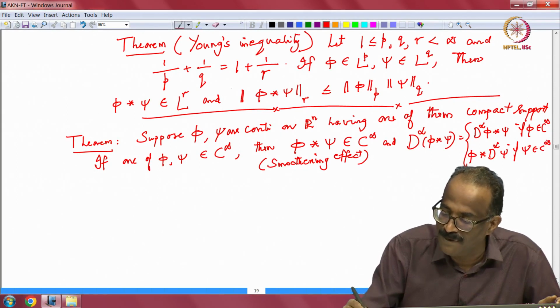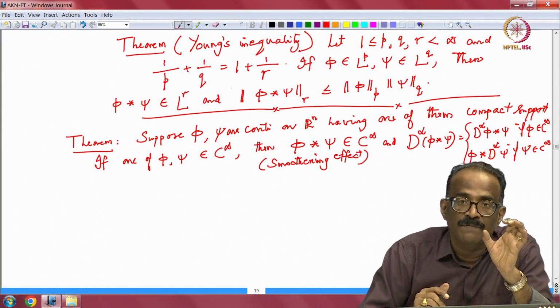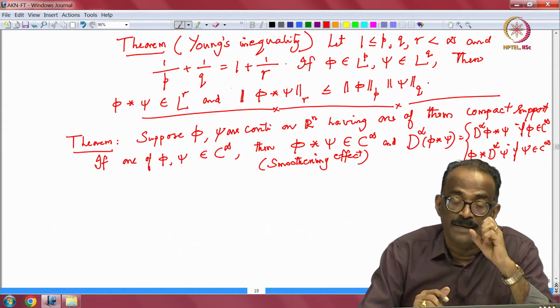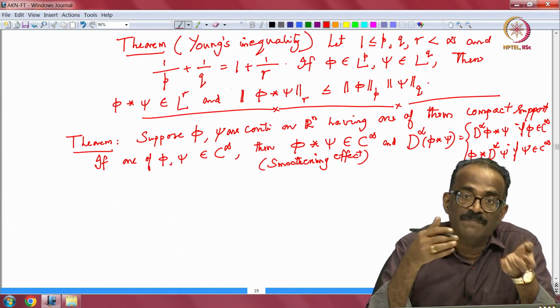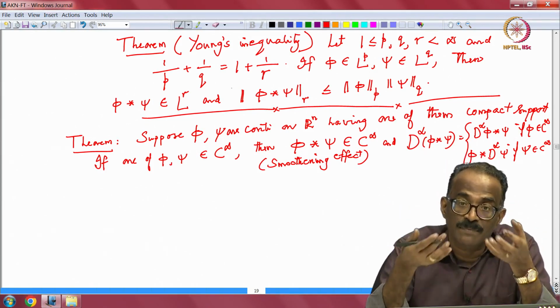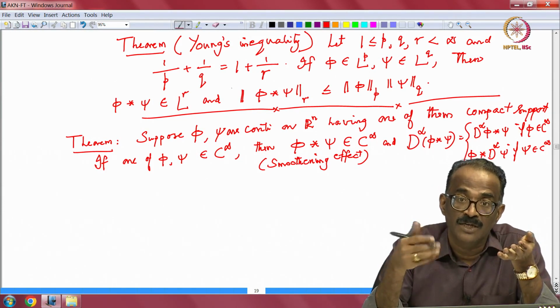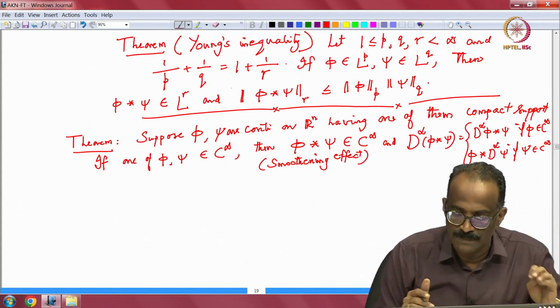If both are C infinity, both are same. So, to take the derivative of a convolution, it is enough to take derivatives on one side. Later you will see that when we define more general functions, you can convolve with smooth functions to get smoothing, which can be used even to approximate distributions. That is what you will eventually see.